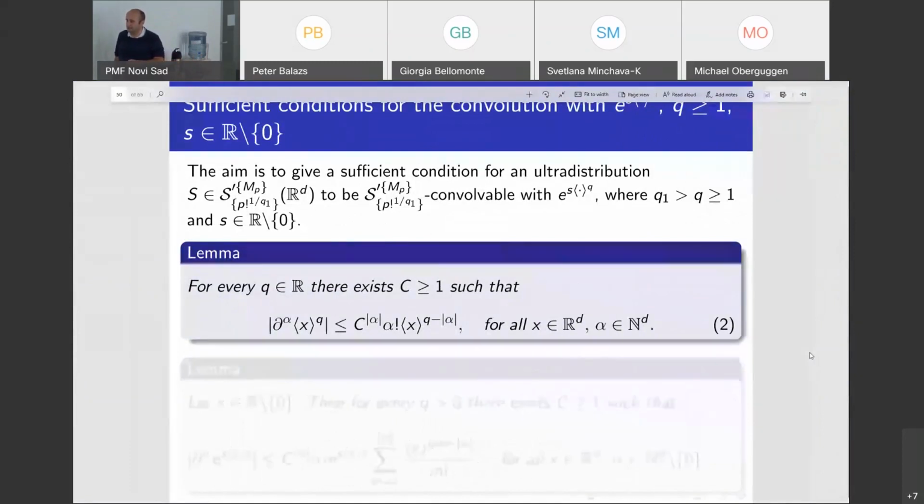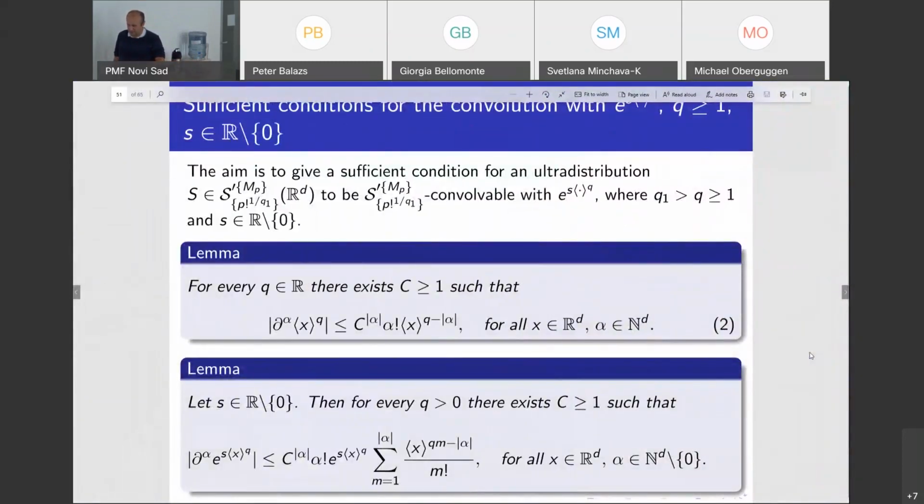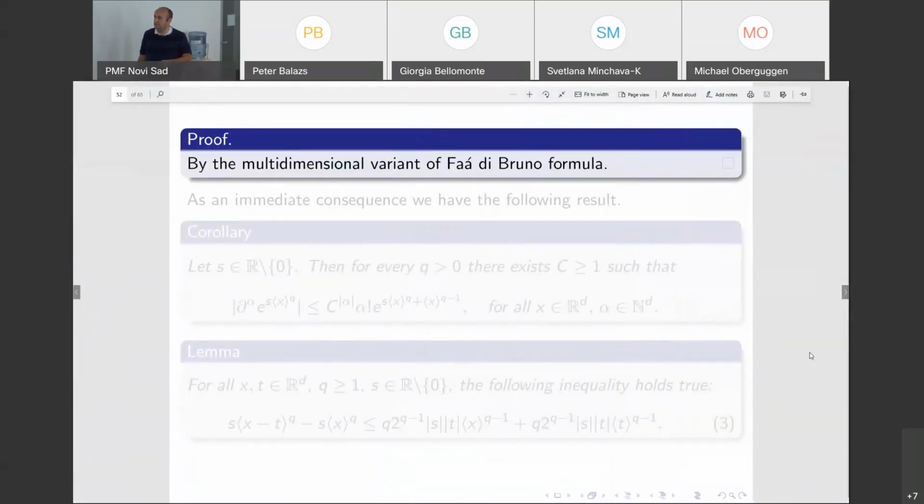We needed to examine the derivative of this kind of function, but we need to be as sharp as possible. You can see these S, and these are the same. And then we have something like a polynomial, so a finite number of terms here. So we wanted these to be sharp, and we did it. But the proof is just, unfortunately, by the funny formula that is following me all these years.